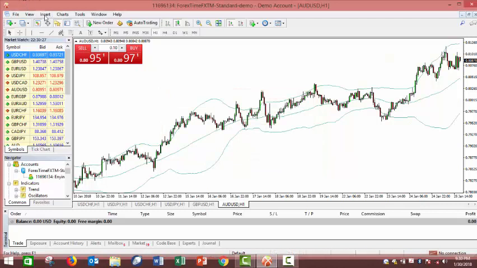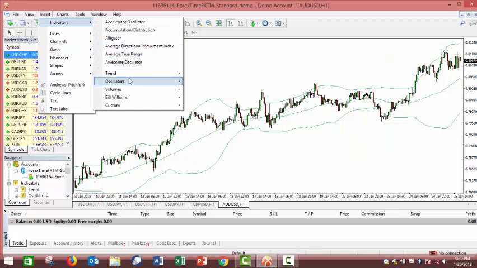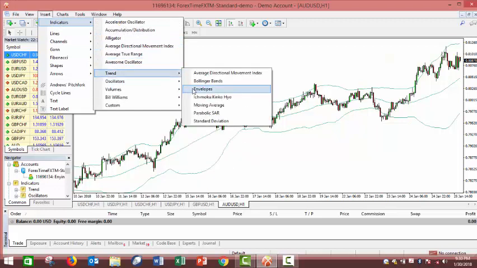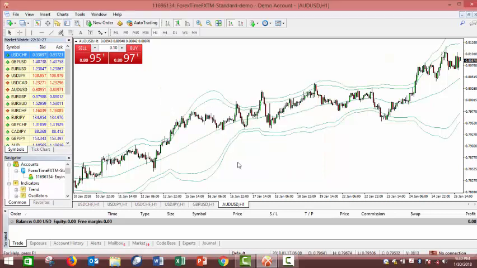You insert it again. This time around you use 2.5. Insert it again.